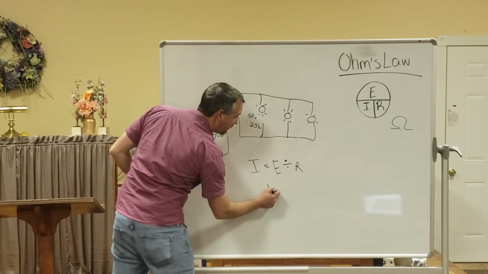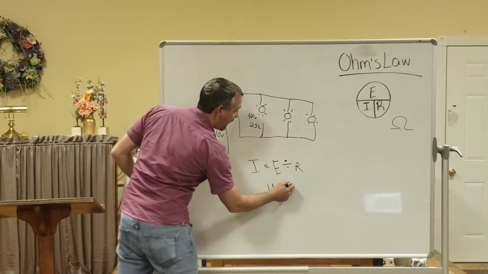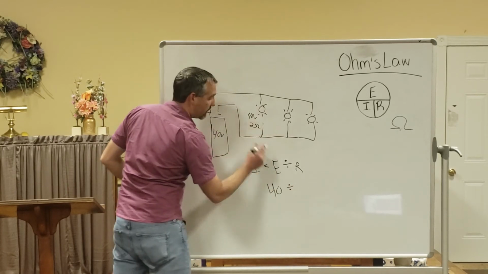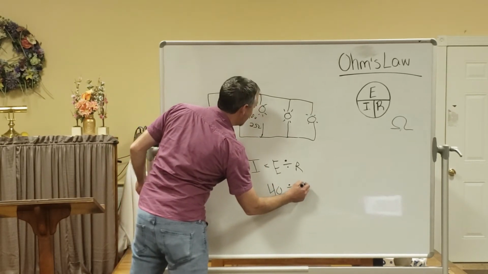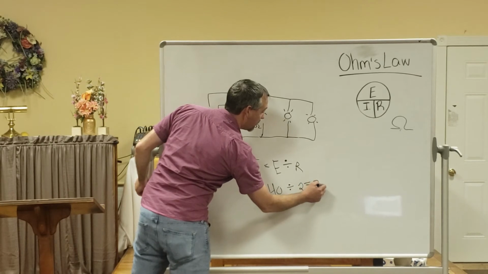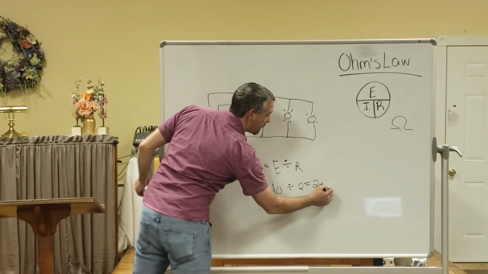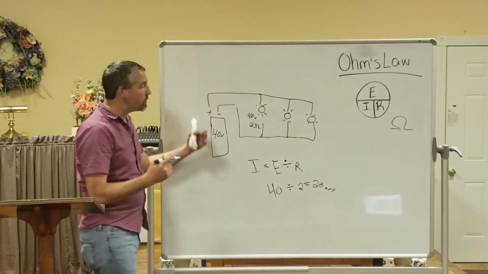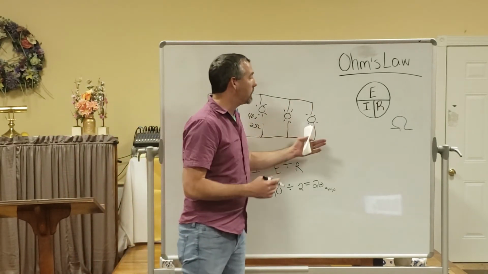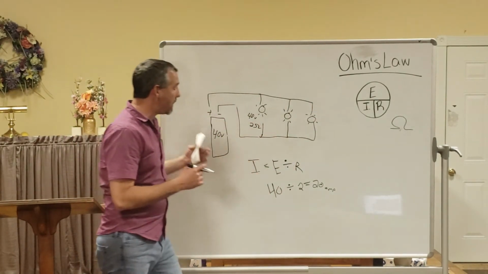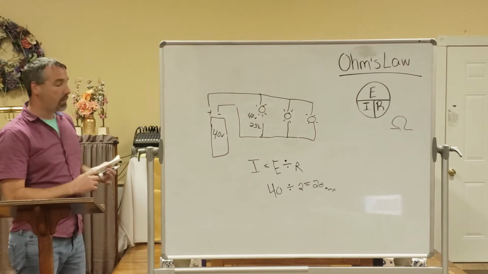So we got 40 divided by 2 equals 20. So our amps would be 20 amps. And we found that using Ohm's law. All right, that's how we determine what our amps is.